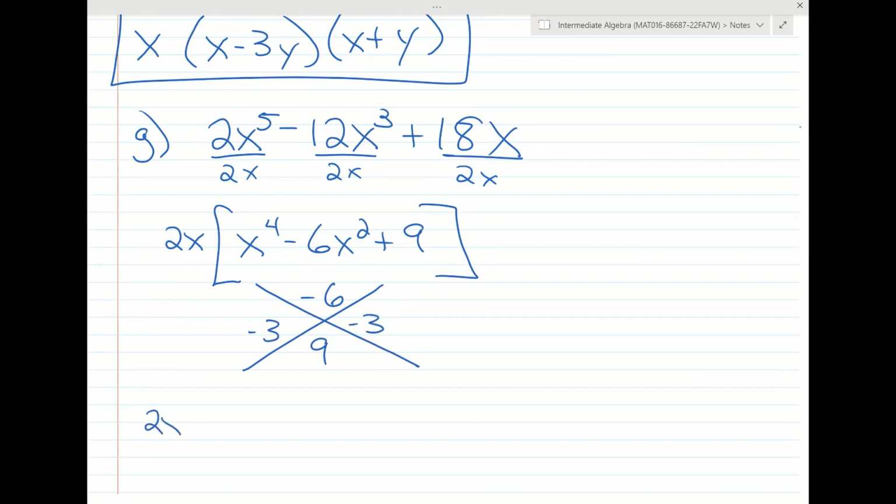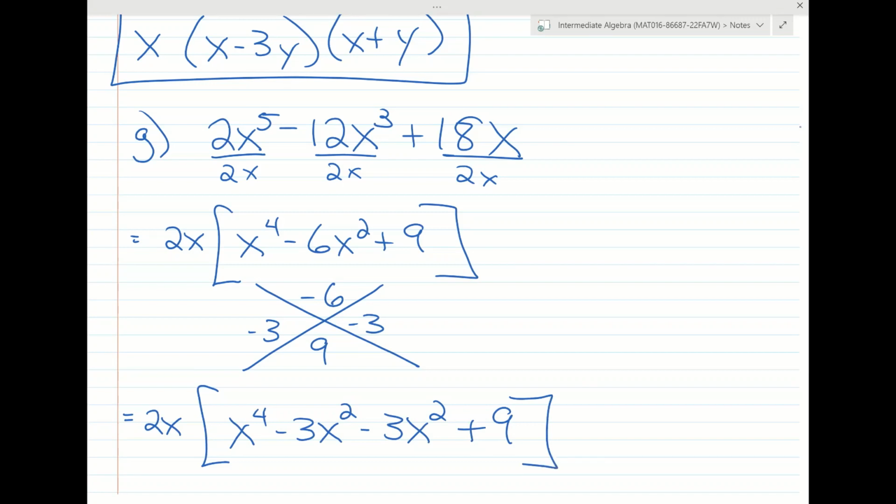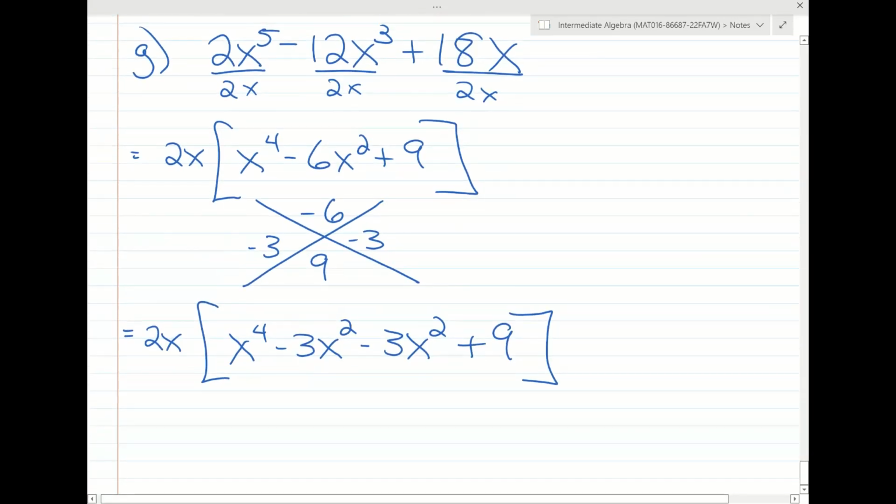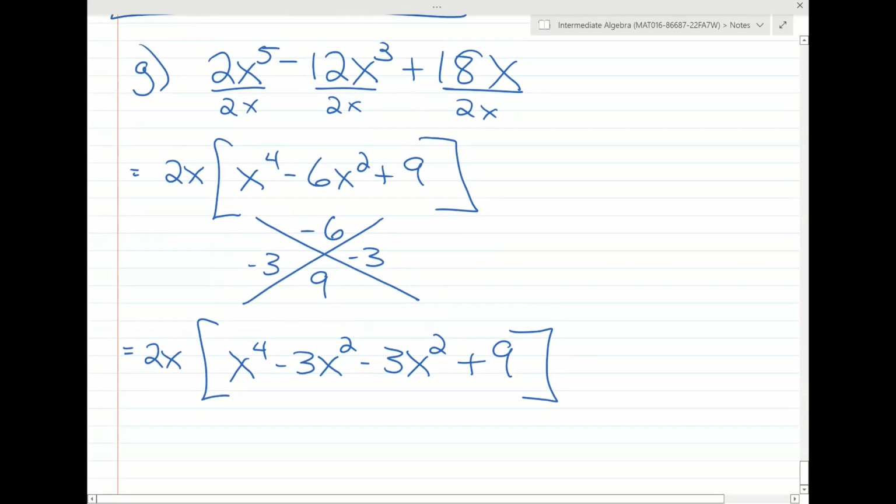So we write our GCF. And then we have x to the fourth minus 3x squared minus 3x squared plus 9. So again, the middle term was an x squared, so we're breaking up the x squared into 2 separate x squared terms.